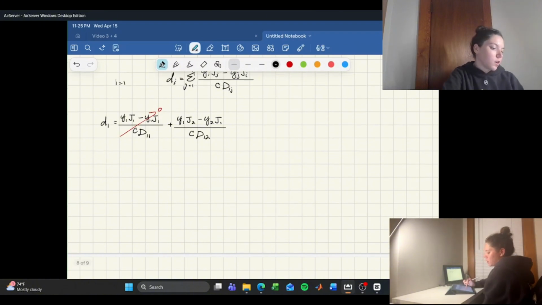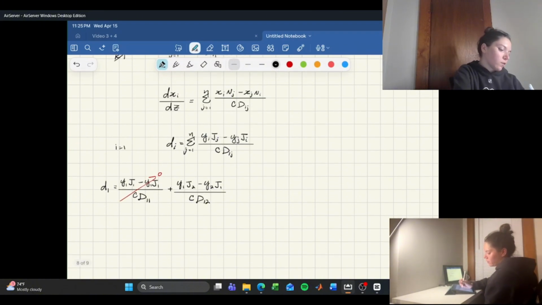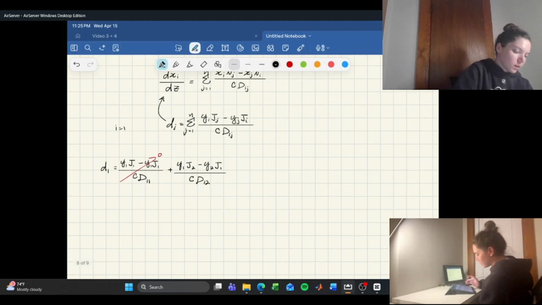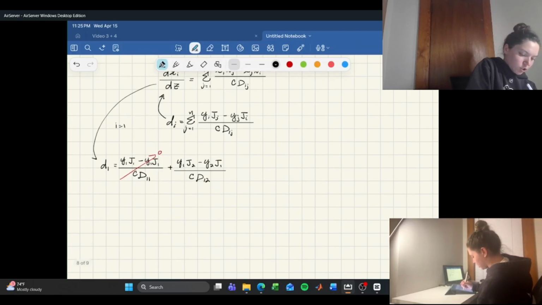So then we just said a second ago that the driving force is equal to the derivative of the mole fraction of i with respect to position. So we can write that in right here.